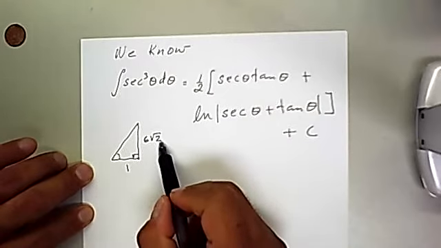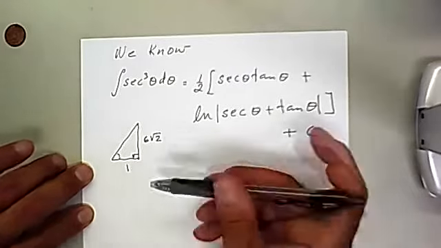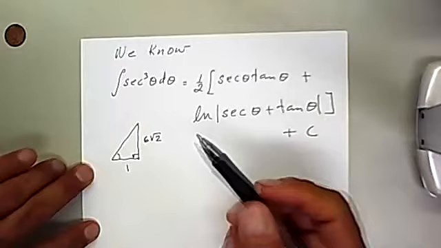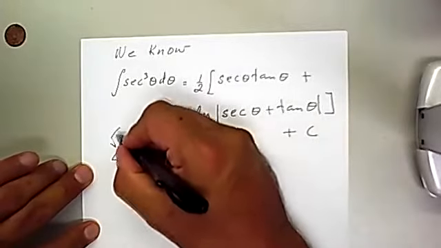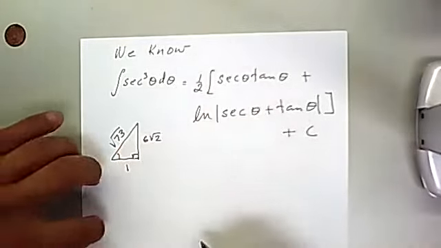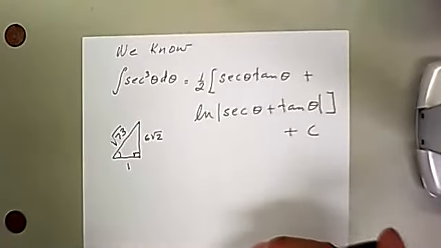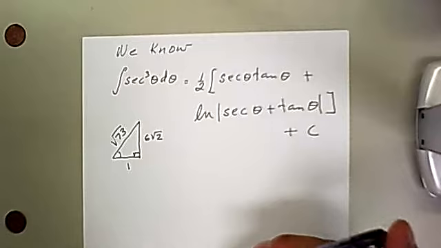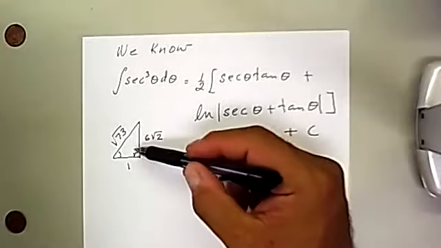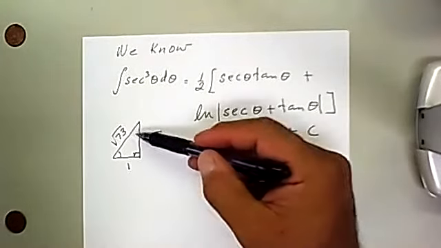36 times 2, 72. Add 1, and we end up with the square root of 73. Yeah, because we add 1 squared. So if we wanted to know the secant, we would have the square root of 73.